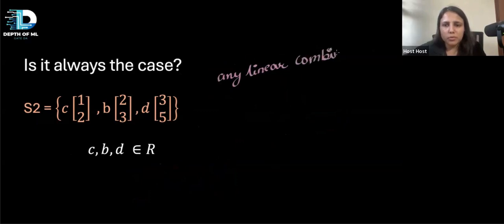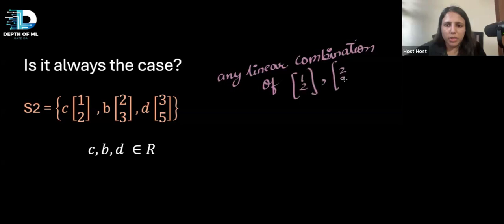What if I add 3, 5, multiples of 3, 5 now into this set? Will any linear combination of 1, 2 and 2, 3 lie in S2?